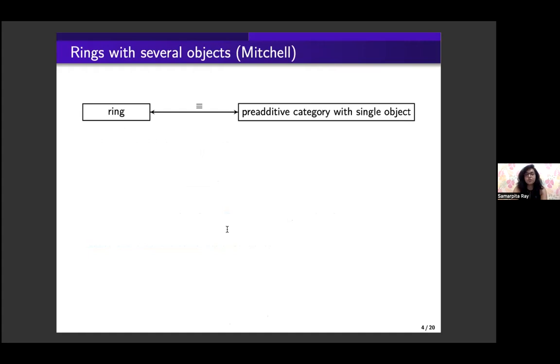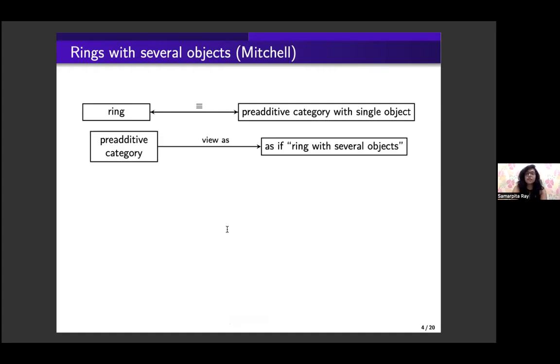Now, as I said, I will recall the categorification technique, which was introduced by B. Mitchell. It starts with the idea that a ring is nothing but a pre-additive category with a single object. If you remove pre-additive, it is just a monoid. So from this light, one can think of a pre-additive category as a ring with several objects. Of course, this phrase doesn't literally make sense, but the idea is important: one should study ring-theoretic properties for categories.